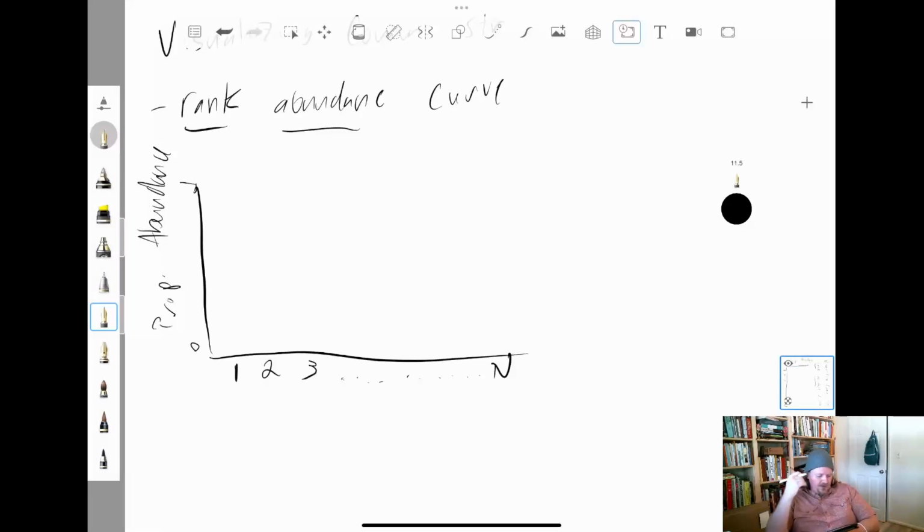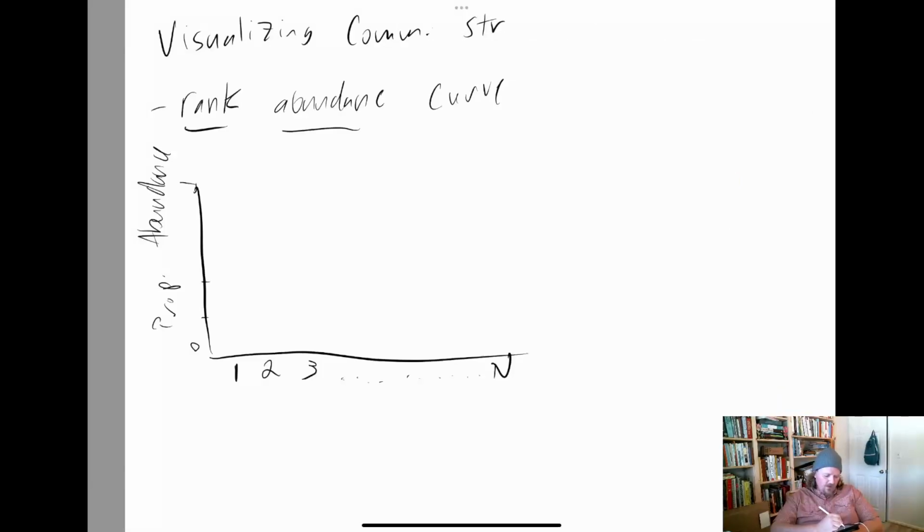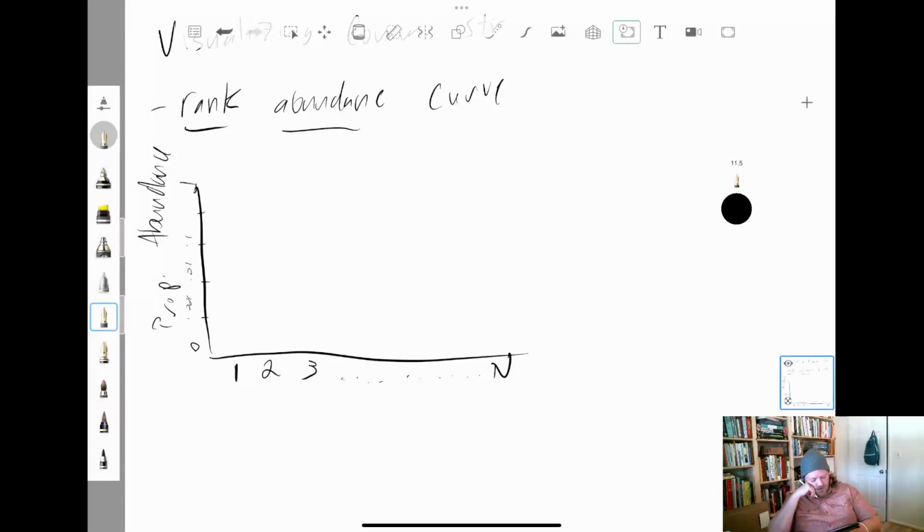And in your book, this is shown on a log scale, so that means that each mark is in orders of magnitude. So this is 0.001 and 0.01 and 0.1 and then 1, right? And so we can build these rank abundance curves, and they can help us visualize how two communities of species are different.